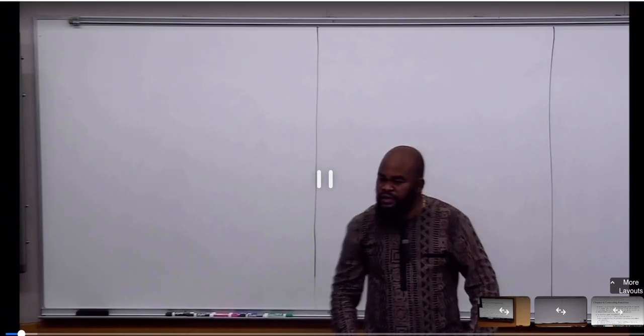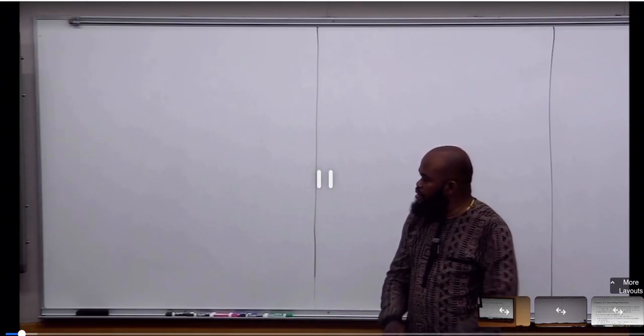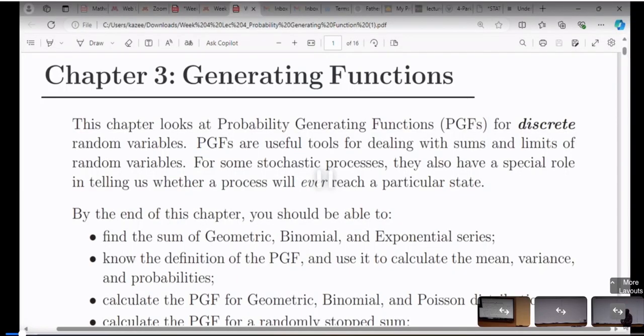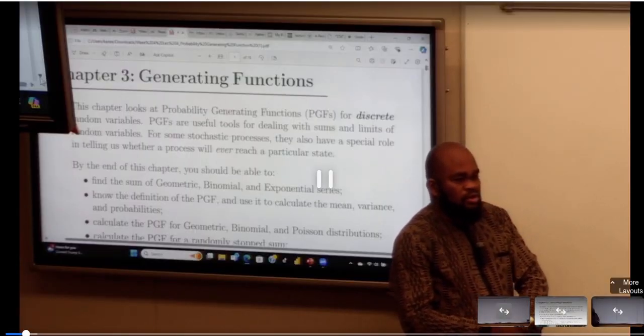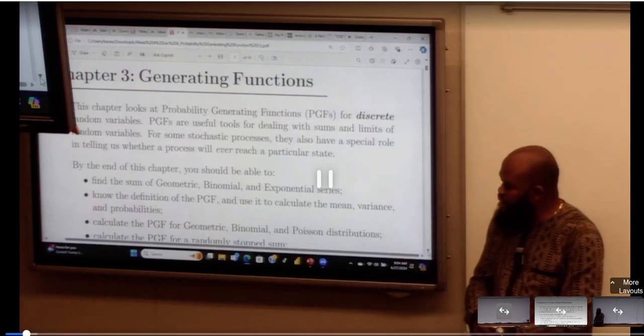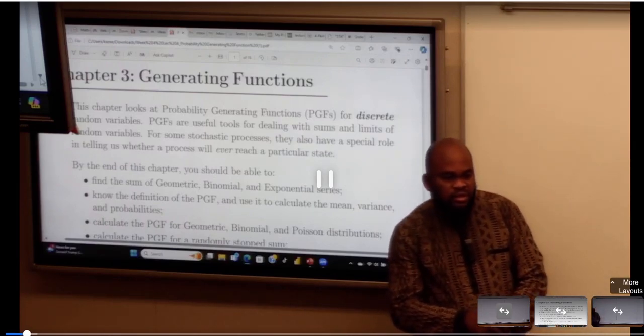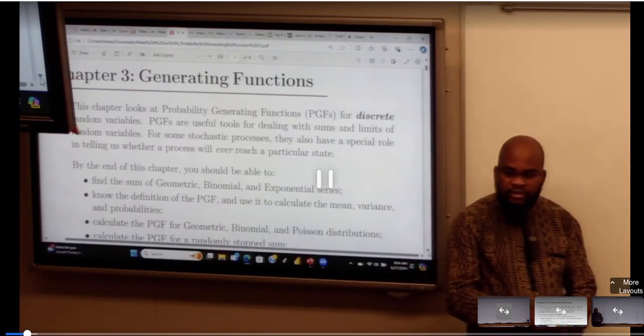My lecture today. Of course, today we are going to be focusing on probability generating function. But this is what I'm going to do: I'm going to have a review of what we did before, because when you talk about generating functions, we actually have a good number of them.